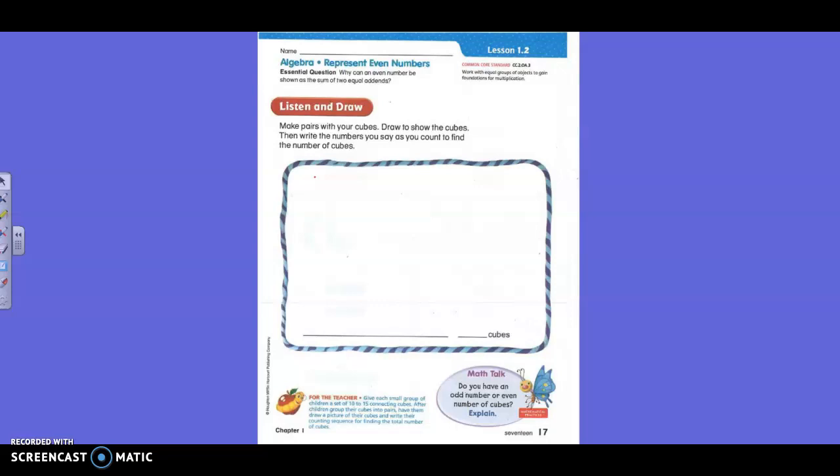You don't have to draw specific. If you would like to draw squares, that's fine. If you just want to draw circles, that's fine too. 1, 2. You guys do this with me to show your cubes, what you had. 3, 4.